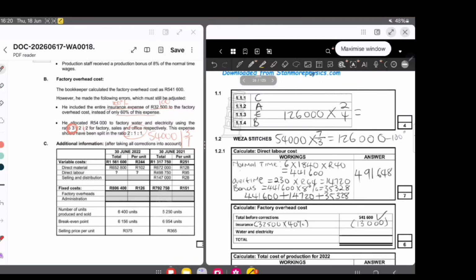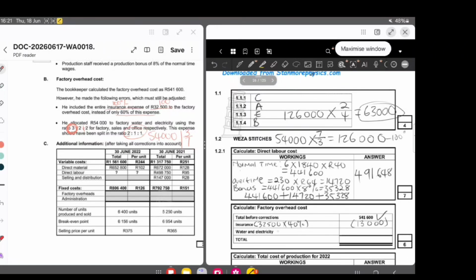So we have 2 divided by 4, and we're supposed to have 63,000. So instead of 63,000, he allocated 54,000. He added a smaller amount there. 54,000 is less than 63,000, so he needs to add the difference.